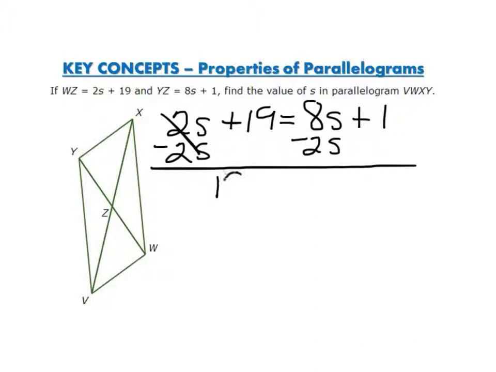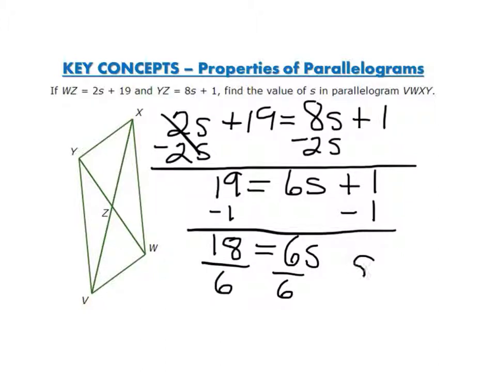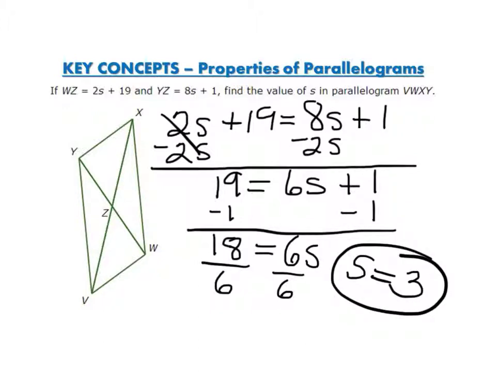I have 19 equals 6S plus 1. I subtract 1 from both sides. That gives me 18 equals 6S. And when I divide both sides by 6, that gives me S equals 3. So the value of S in this problem equals 3.